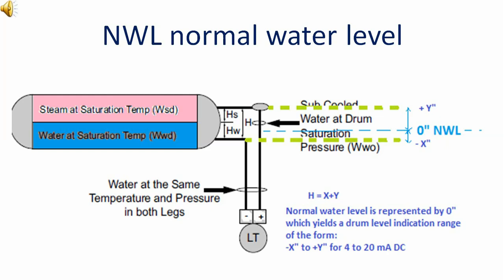Normal water level is represented by 0 inch, which yields a drum level indication range of the form minus x inch to plus y inch for 4 to 20 milliampere DC.